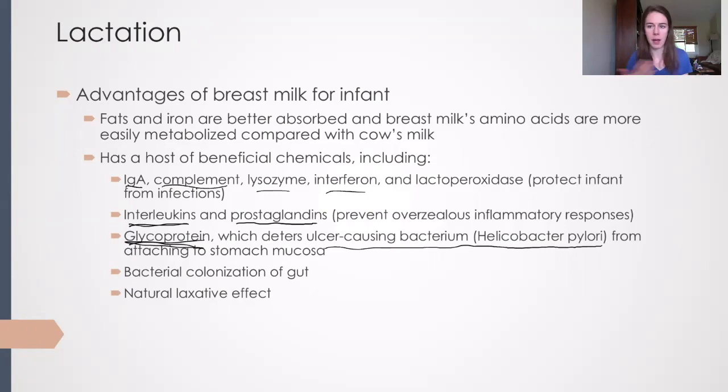So mom helps prevent the baby from that issue, providing good bacterial colonization by providing the sugars that bacteria in the gut will like to feed on. So you need that good flora in your body, and then natural laxatives, which help the baby to expel all the waste from the body until it can actually have proper food and nutrients, which are producing its own fecal material.